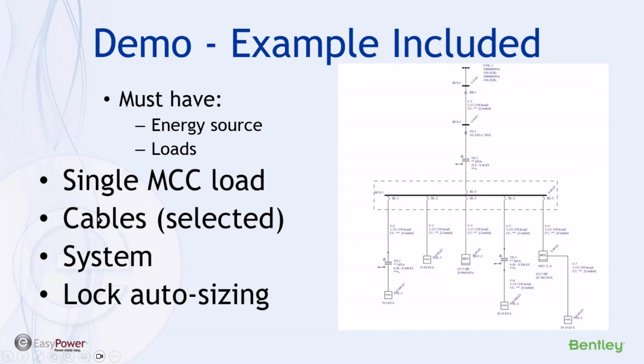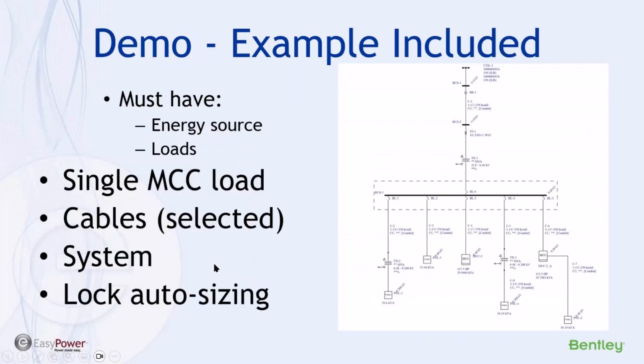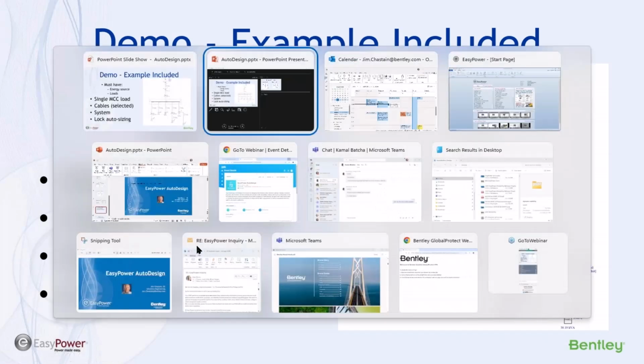I can size cables individually or in mass, and there are ways to lock auto sizing. If I've selected a particular size or part number, the auto sizing will not affect it because of that control. So let's jump into the example and see what it looks like.